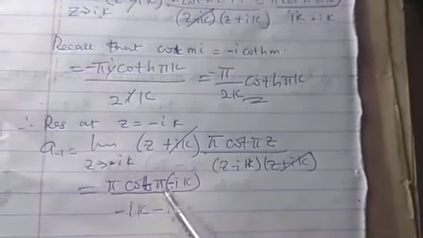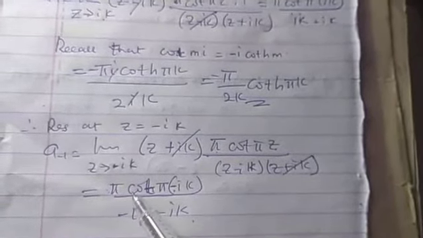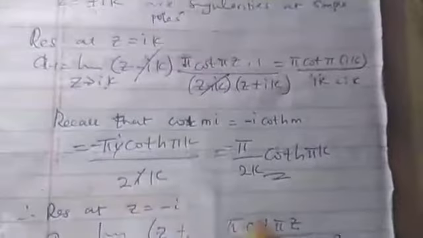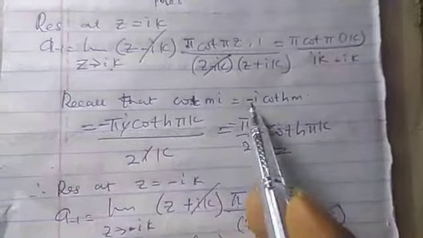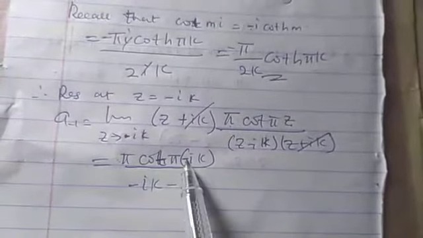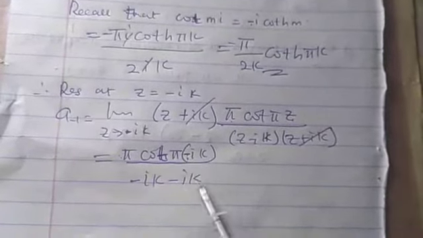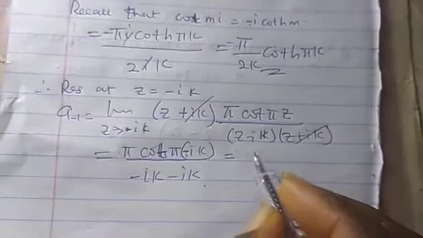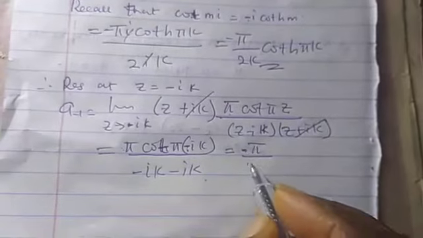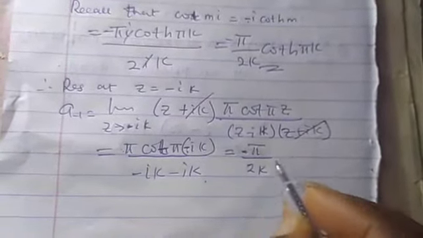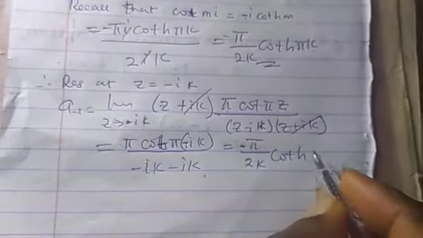There is a minus here, so there will be a double minus. If you apply what is here, the i in front of cot will bring minus i, and there is minus i here before, so it will be plus. So the same thing, it will still be minus pi over 2k cot hyperbolic pi k.